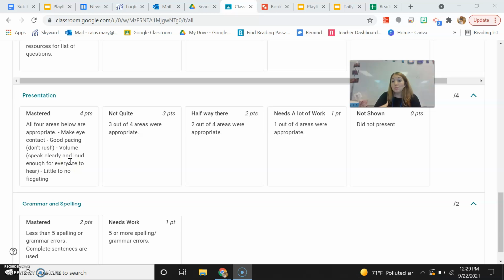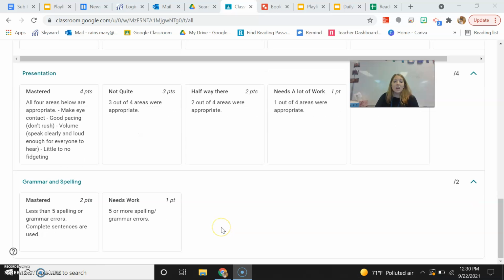Volume means that you speak clearly and loudly enough for everyone to hear, so not that you're yelling, but that you're projecting your voice. And the last one is fidgeting, so little to no fidgeting. Don't mess with something or do something super distracting as you're talking, because it will be very distracting to me and to others in the class.